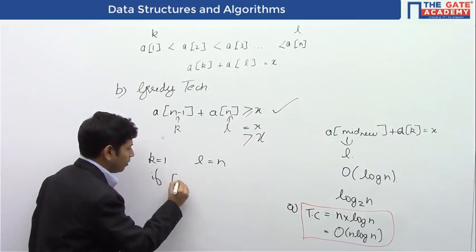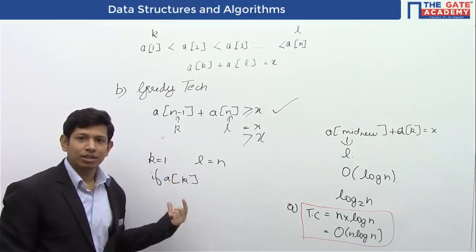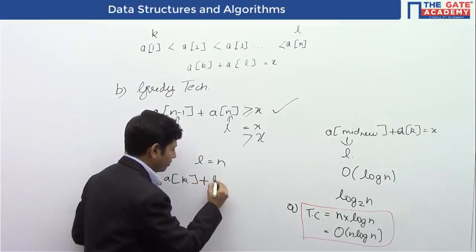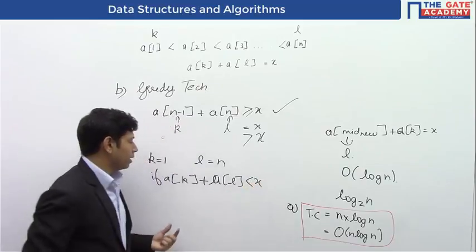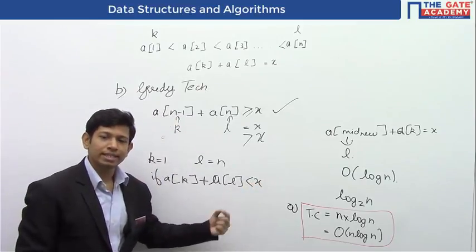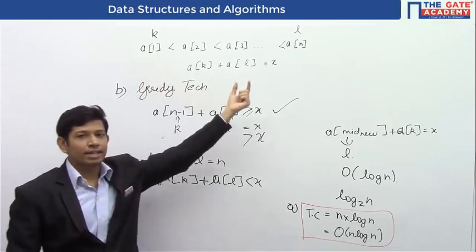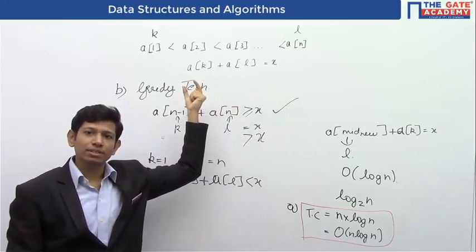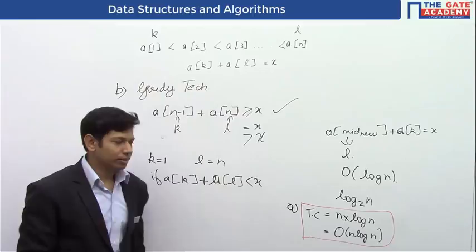If a of k plus a of l is less than x, then we cannot increment the largest number more, but we can increment the smallest number more. So what we will do is, we will increment k by k plus 1.